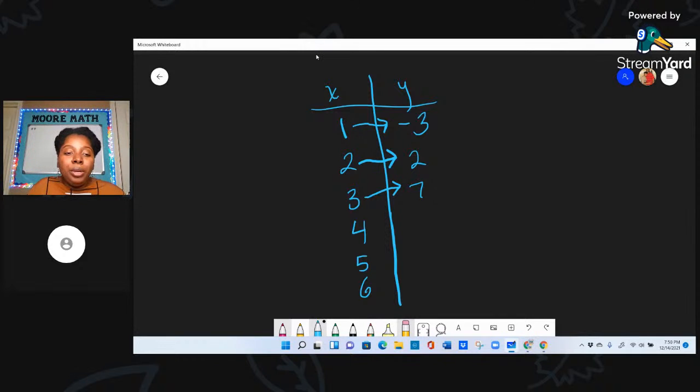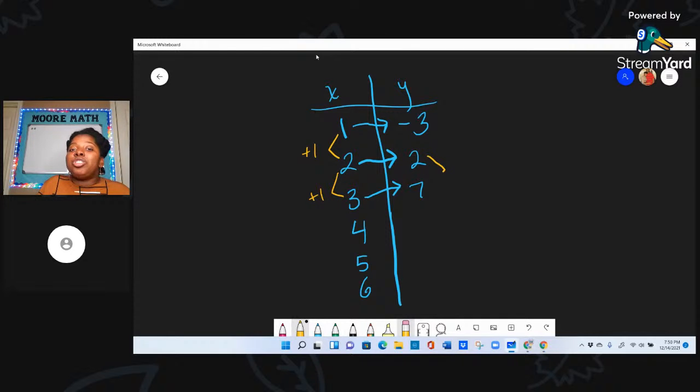Okay, what do you notice about the X's? They're going up by 1. Good. They're increasing by 1. Okay, now what do you notice about the Y's? They're increasing by 5. Good.